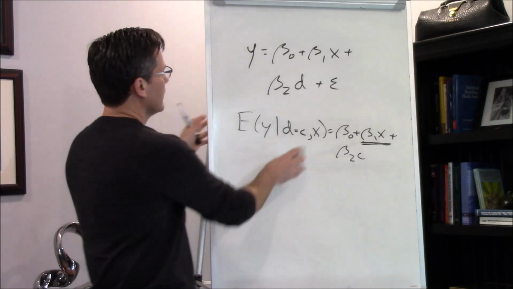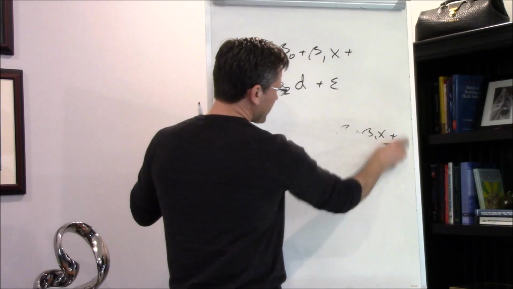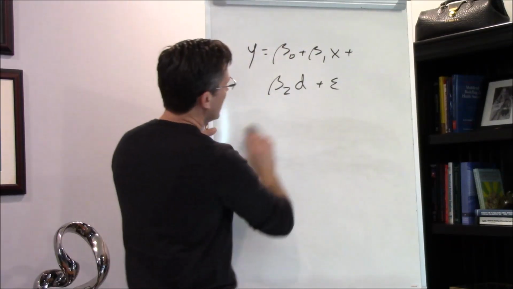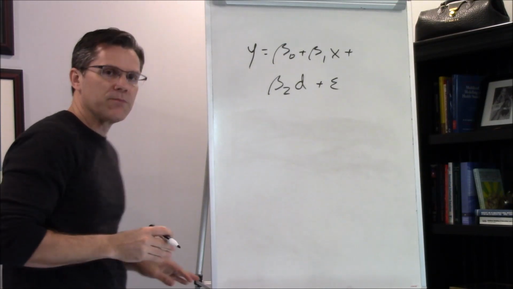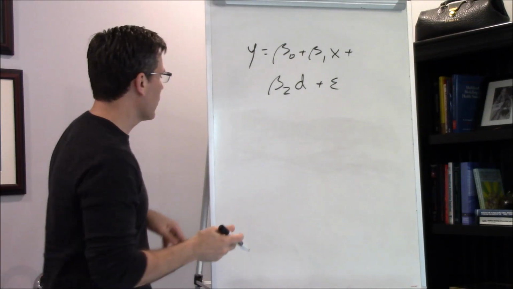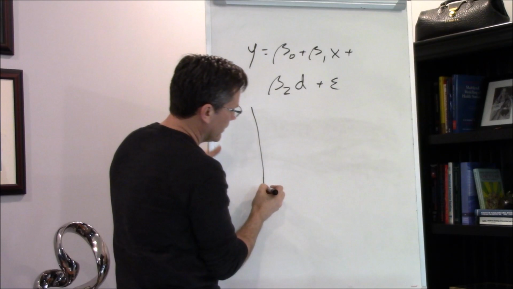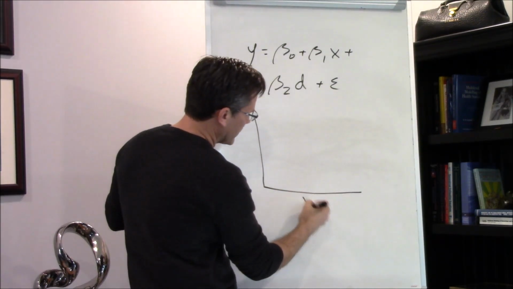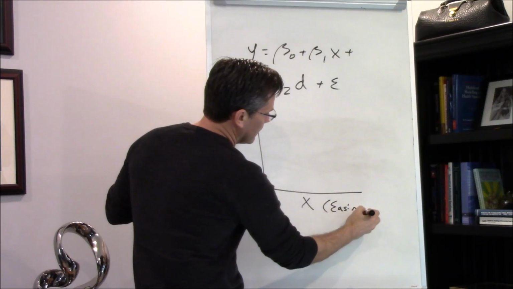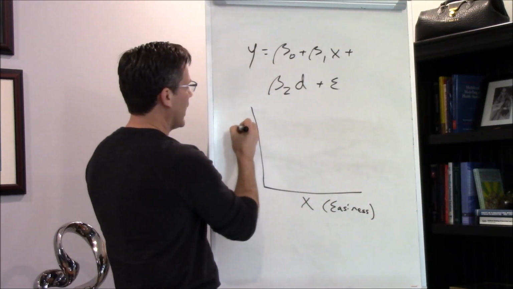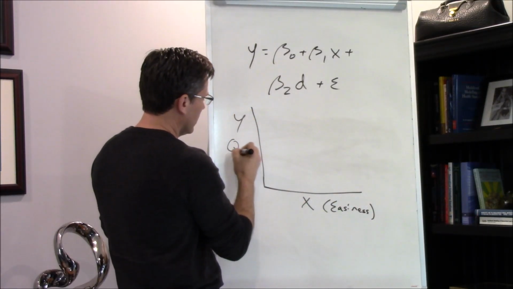So what that's going to translate into is, we can imagine, based on this equation, we could plot out what we expect to observe for Y. And so we've got our X variable, we'll say easiness, and we've got our Y variable, quality.